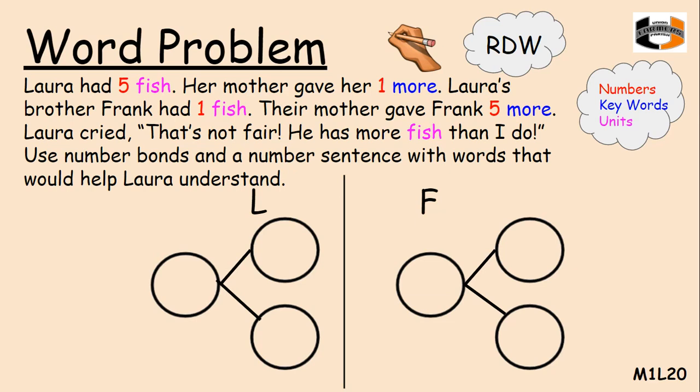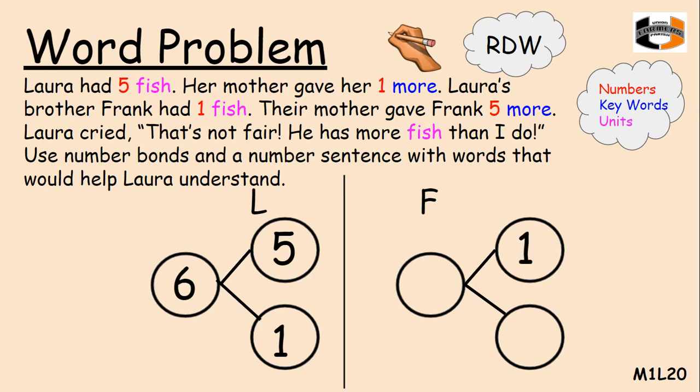So we're going to start with Laura. Laura had 5 fish. We're going to show that as a part. Her mother gave her 1 more. And that's the other part. So what is Laura's total? She has a total of 6 fish. Now we're going to look at Frank.